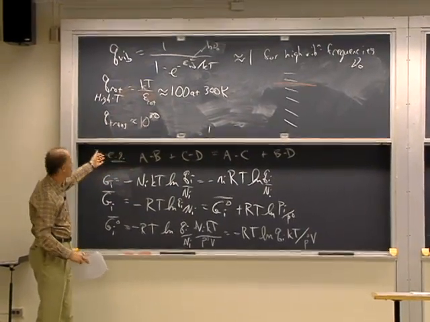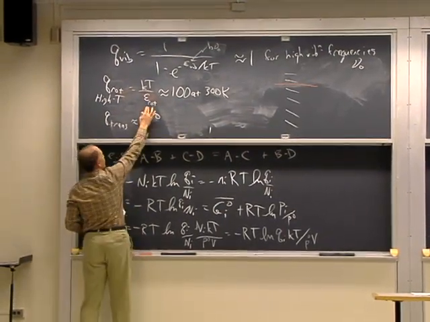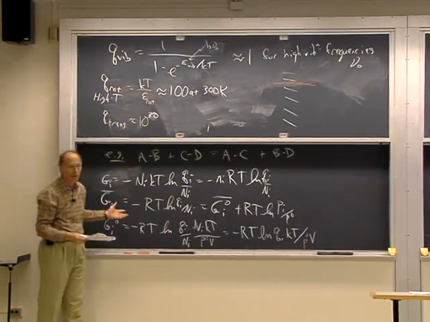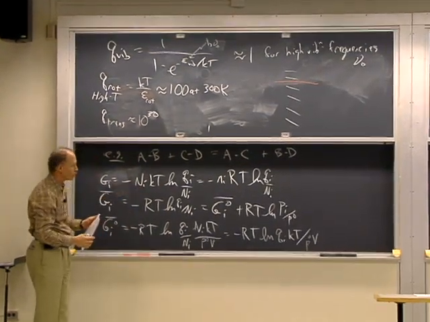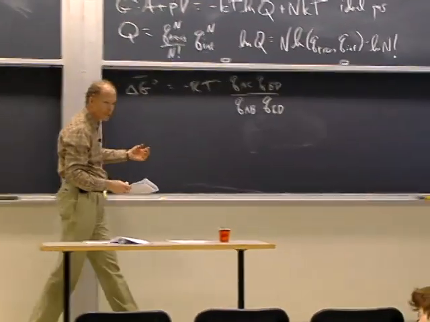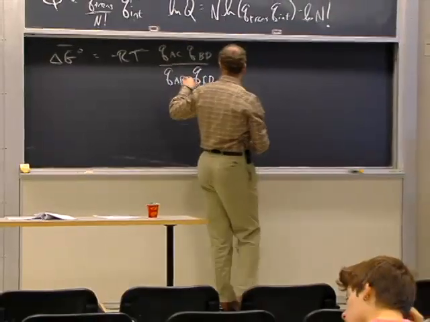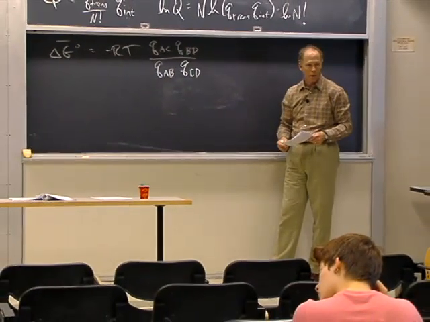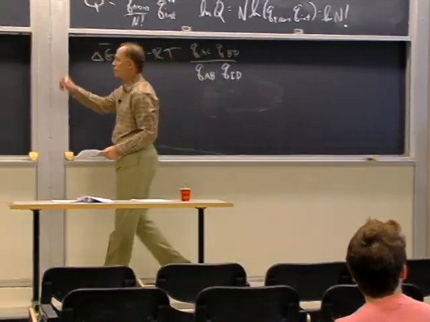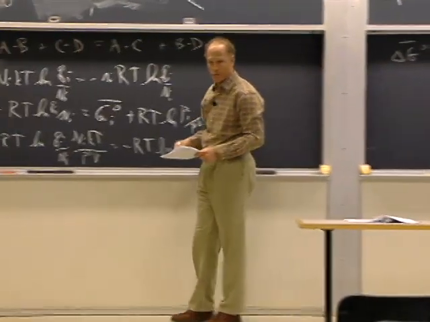To make this simple, we're going to assume that the rotational energies are the same for all the molecules, right? They wouldn't need to be. It wouldn't be hard to plug in different values. We're going to assume the low temperature limit for vibration, so Q vibrational for each one of these things is equal to 1. The translational contributions are equal for all of them.